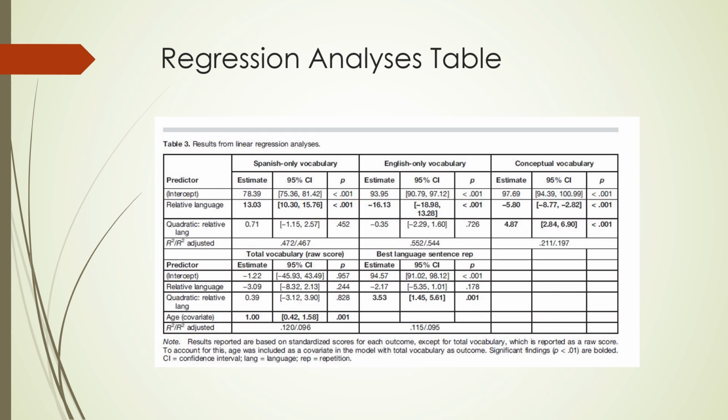I wanted to end here with the actual regression analyses table that shows their linear regression across all of their tests. They did have some missing data because when they were collecting their data and doing their testing, COVID hit and they had to abruptly stop their testing.